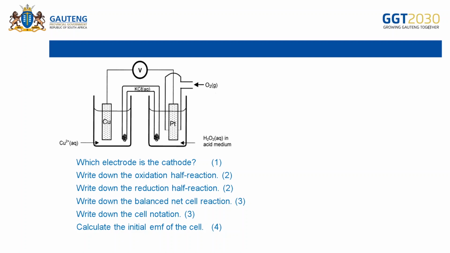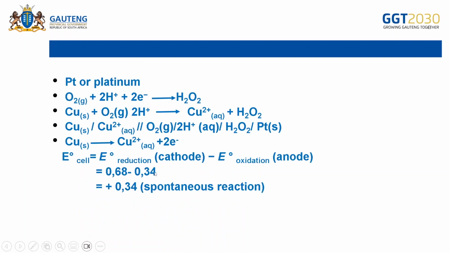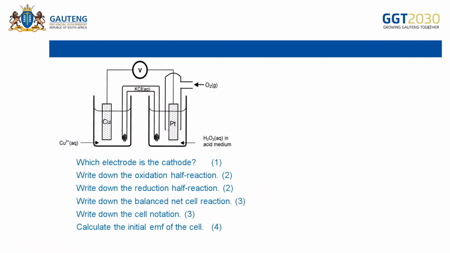Next question, write down the oxidation half reaction. So if the cathode is where reduction is taking place on the platinum, rest assured that copper is where the half reaction of oxidation is taking place. So you go back to your standard reduction potential table, you write the one for peroxide. I'm looking at peroxide, which is O2 plus H, with 2 electrons, giving H2O2.